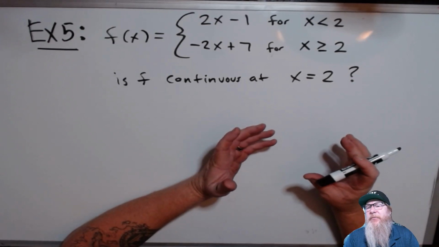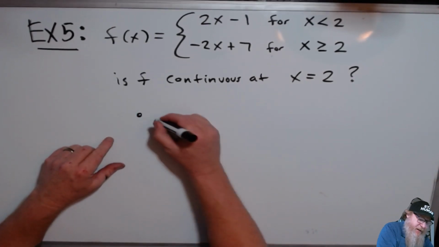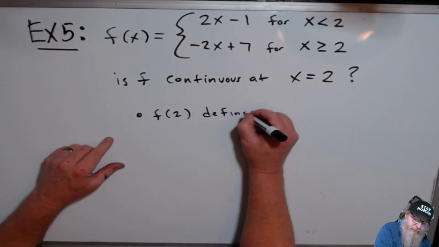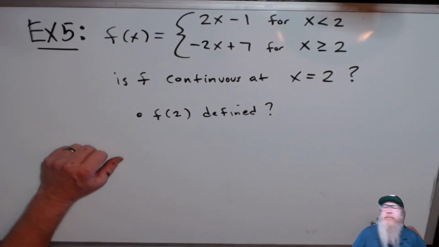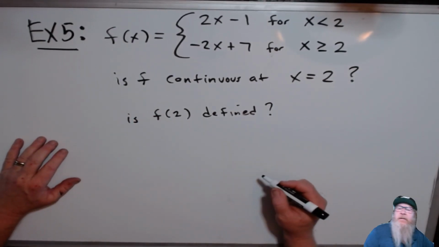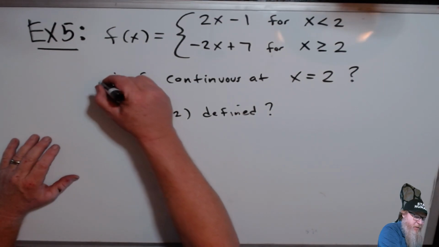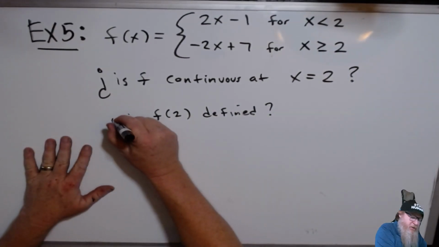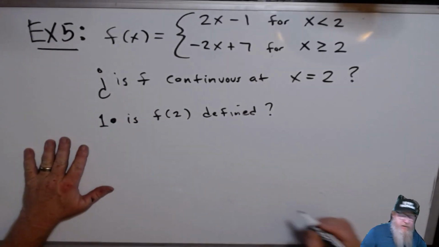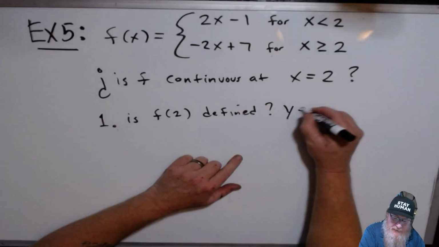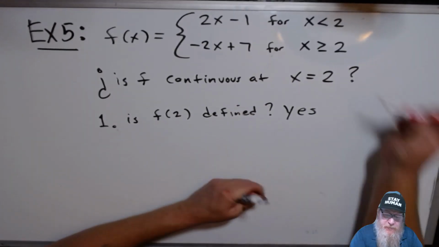Well, you have to first say, is f of 2 defined? So this is sort of the big question that we're asking. And so in order to do it, we're going to go through the 3 rules. Is it defined? Well, yes, it is defined. This is what this means.